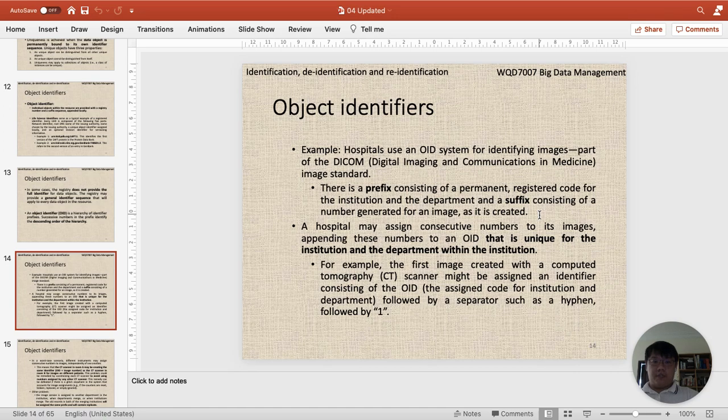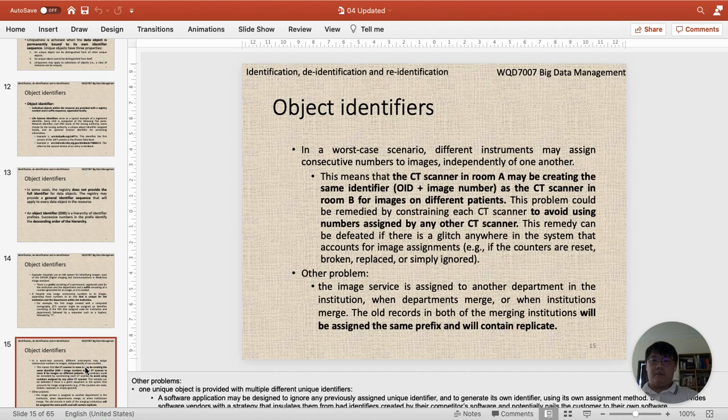So over here, the example is, okay, the first image created is by the computer tomography scanner. Then it's assigned an identifier consisting of the OID, followed by a separator as hyphen, followed by 1. I think there is further explanation over here. Yeah. So in a worst case scenario, different instruments may assign consecutive numbers to images independently of one another.